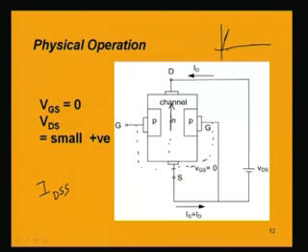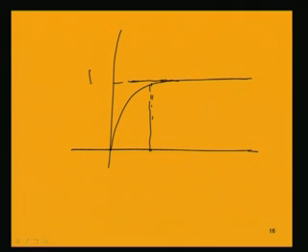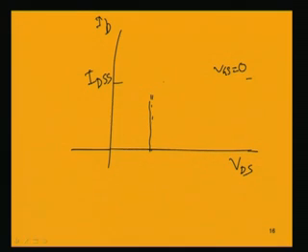Because of this phenomenon of pinching off, if we go on increasing the VDS, a point will be reached when we have the saturation or pinching off. Suppose at this point it is pinching off. So, this maximum current ID is known as IDSS for VGS equal to 0.